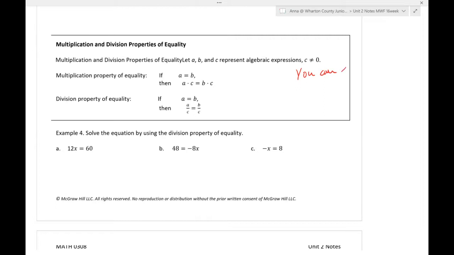You can multiply or divide both sides by the same number and keep the equation balanced.